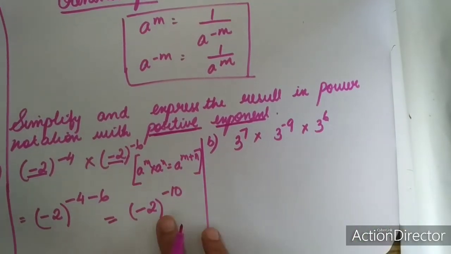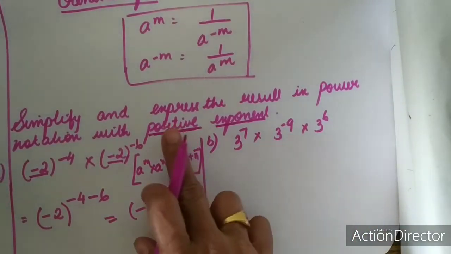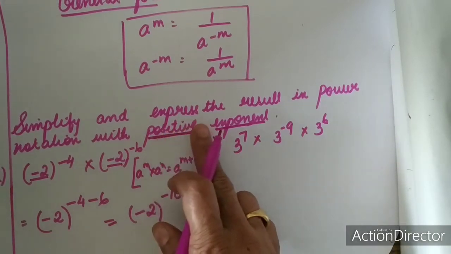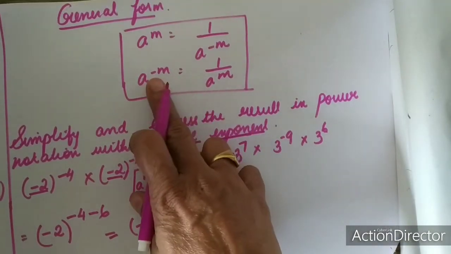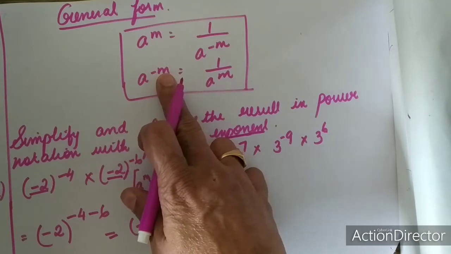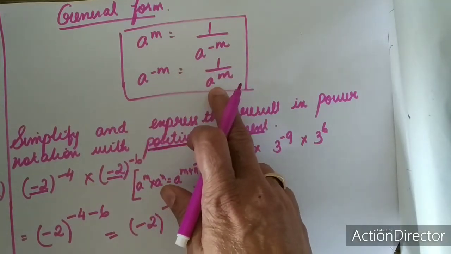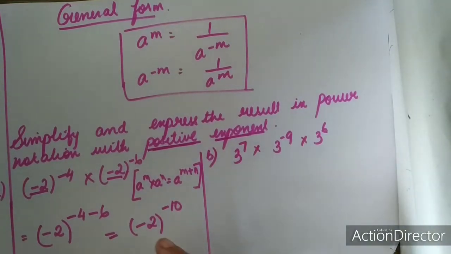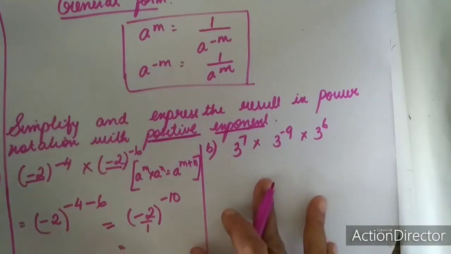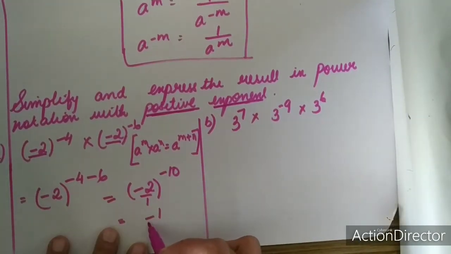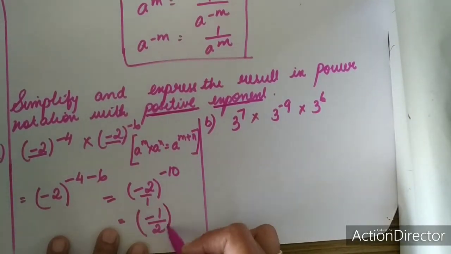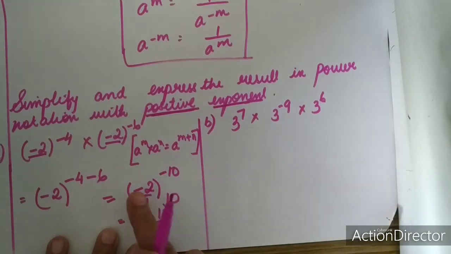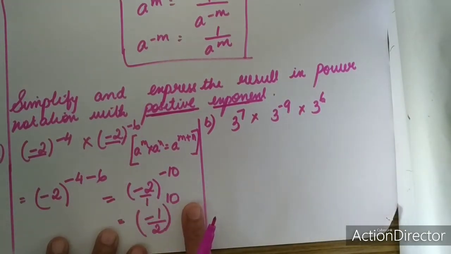Now I am not going to leave the answer as it is, because I am asked to convert it to positive exponent. By the law, a negative power is converted to positive power just by reciprocal. So what is the reciprocal of minus 2 upon 1? It is minus 1 upon 2, and the power becomes positive because while reciprocaling, the power becomes positive.